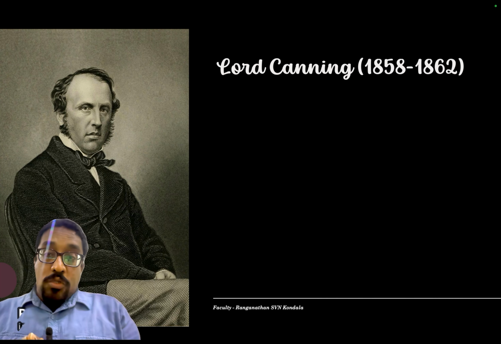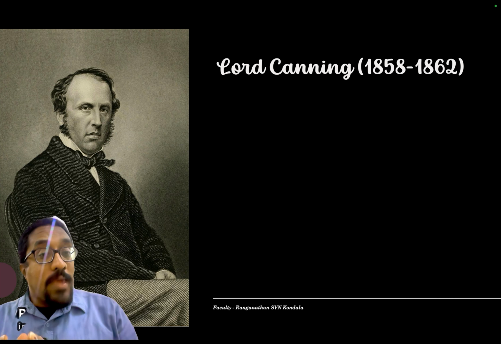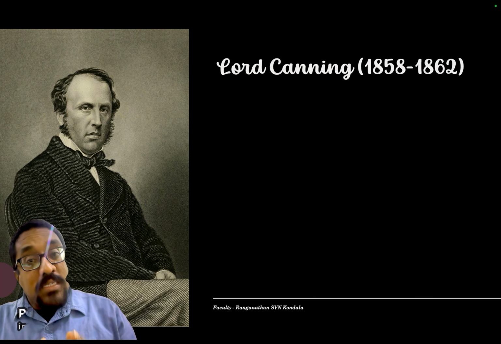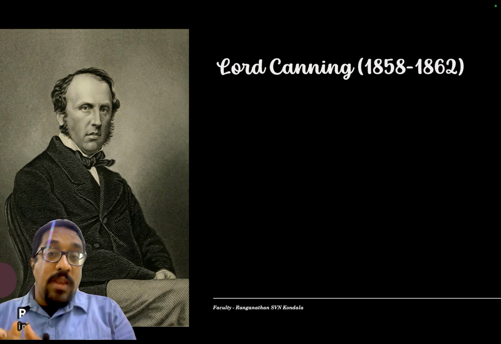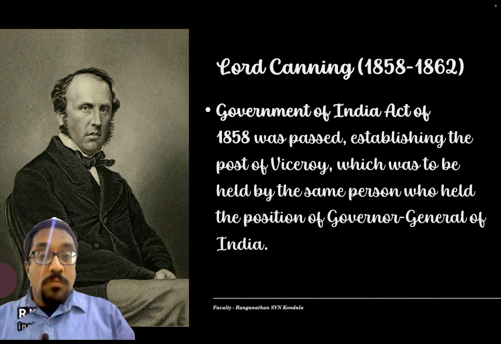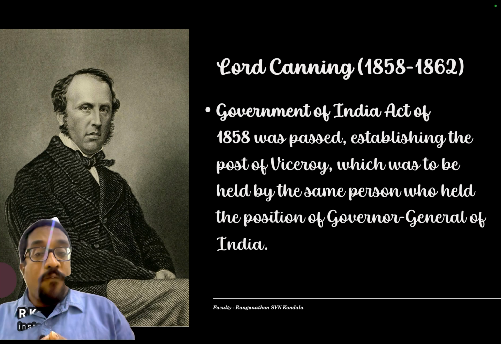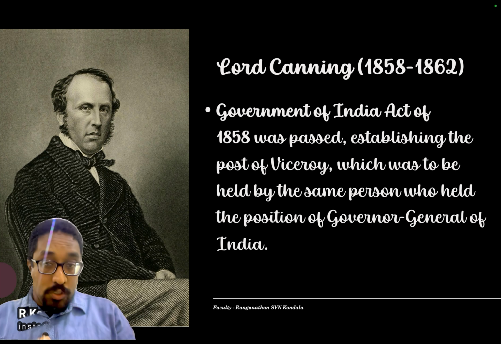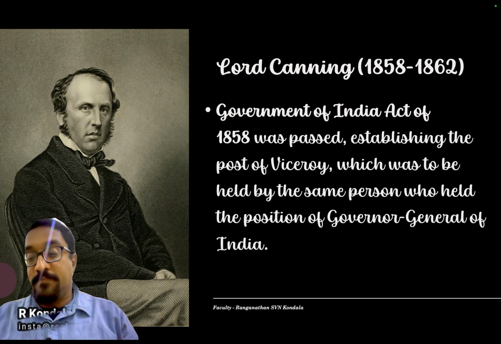Although the revolution was successfully suppressed by the British Crown, Lord Canning, the man in charge, the last Governor General of India, as well as the next subsequent representative of the Crown in India, had a major job. In 1858, the Government of India Act was passed, establishing the office of Viceroy, which was to be held by the same person who held the position of Governor General of India.